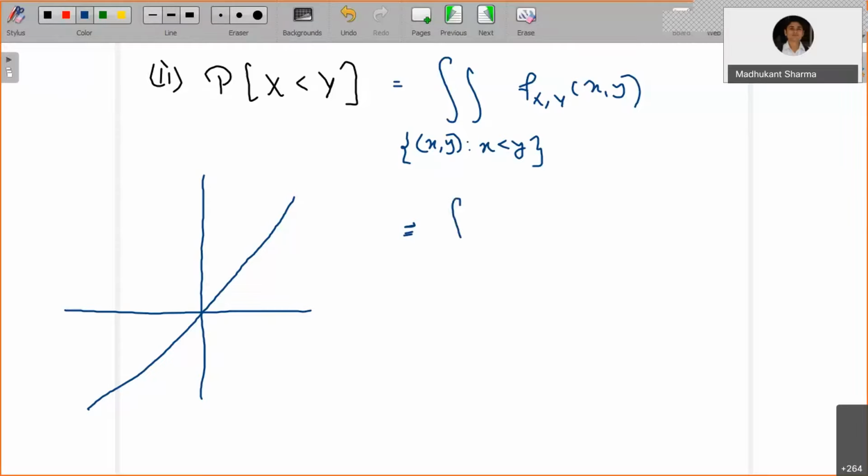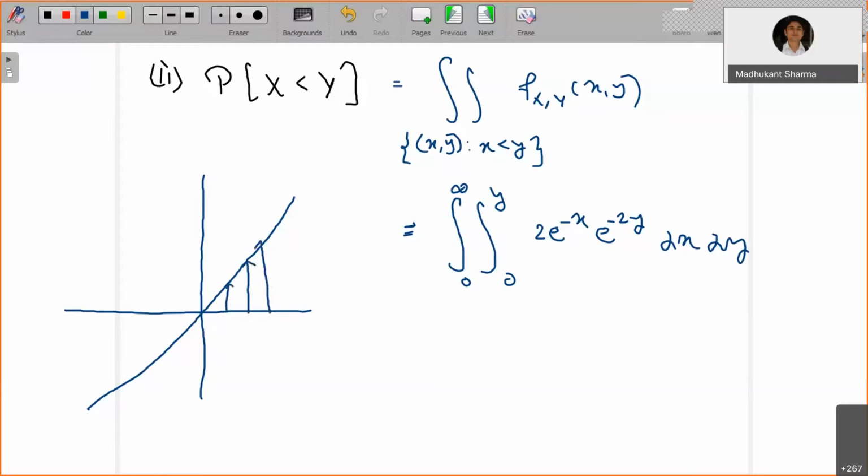So you can find this double integral as the integration from 0 to infinity, first with respect to x and then with respect to y. x is running from 0 to y, and y is running from 0 to infinity. So 2 times e to the power minus x into e to the power minus 2y, dx dy, with x going from 0 to y, so x less than y.